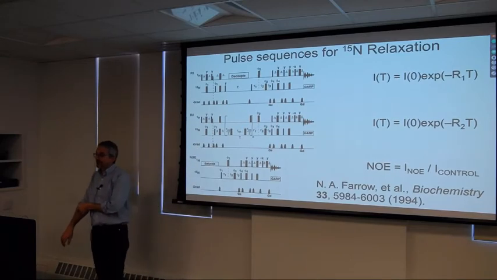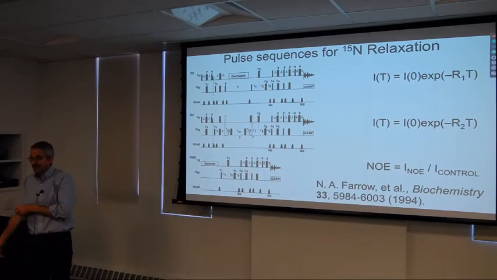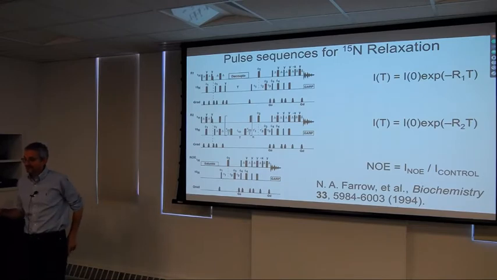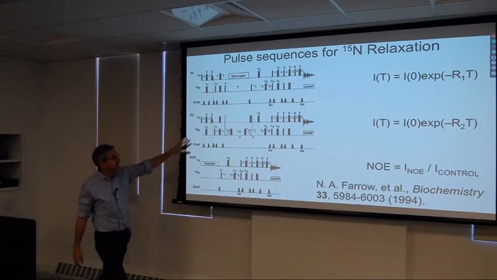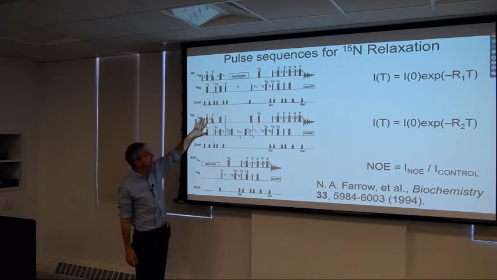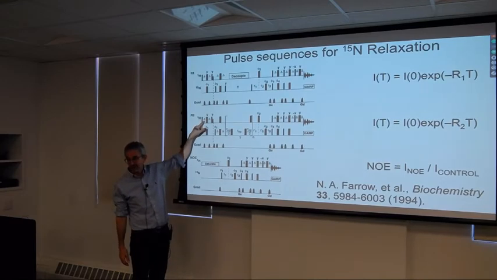Nitrogen has a very low magnetogyric ratio and is therefore an insensitive nucleus. So we want to transfer polarization from the highly polarized hydrogens down to the nitrogen. So that's done by this INEPT block. And these values of delta you now know, or delta there will be 1 over 4J, so the full evolution period will be 1 over 2J.